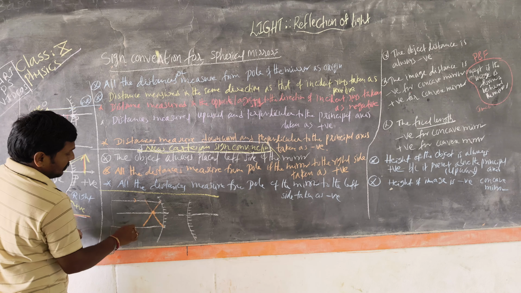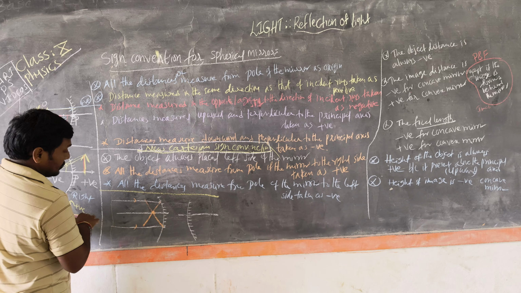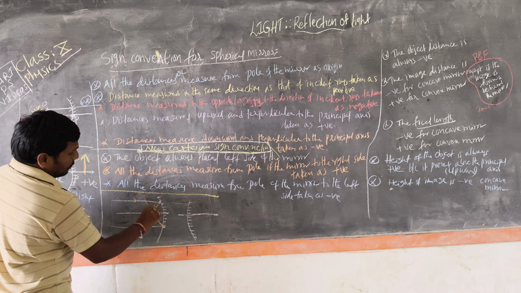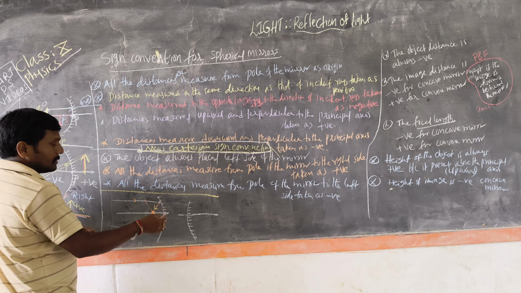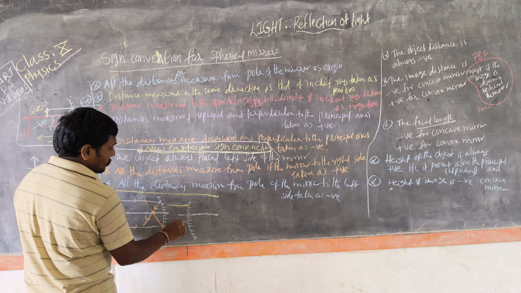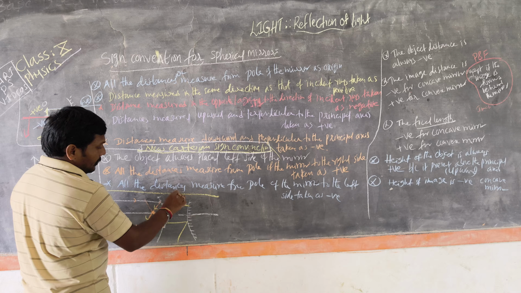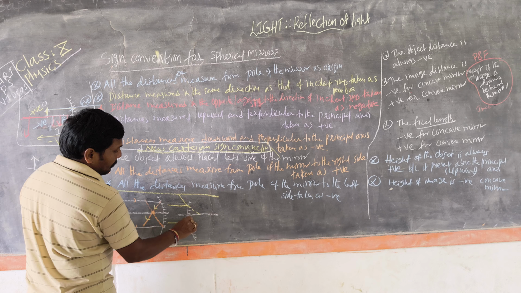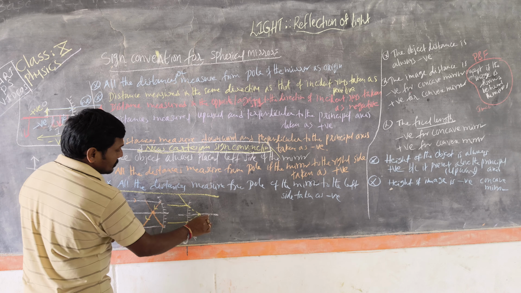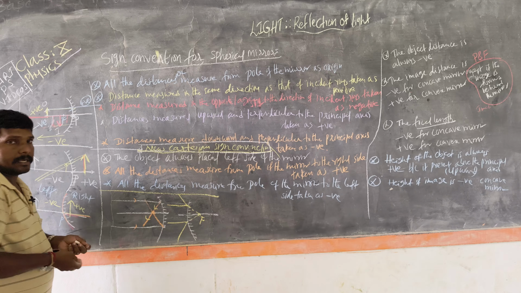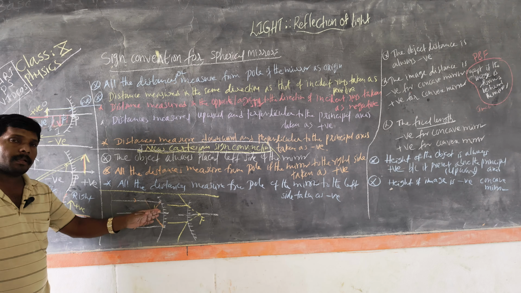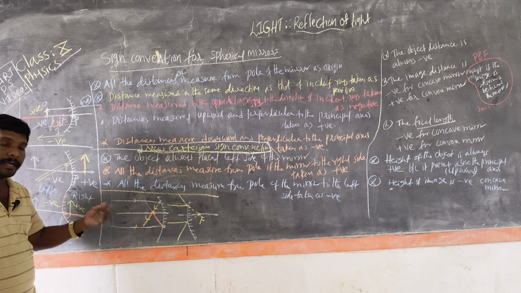That point is called the focus. Whereas in the case of a convex mirror, the focus is outside. For a concave mirror, the focus is on the left side, inside.